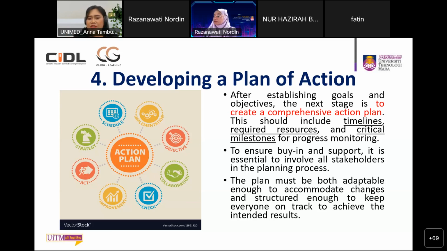It is important to involve stakeholders in the planning process to ensure buy-in and support. The plan should be flexible enough to accommodate changes, but also structured enough to keep everyone on track towards achieving the desired outcomes, of course.